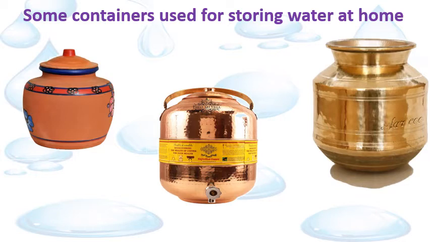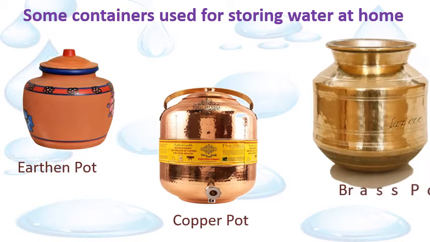Earlier, brass and copper pots as well as earthen pots were used to store water. See, this is the earthen pot, copper pot, and this is a brass pot. Yes, they have peculiar names. You can ask your grandparents if they are there in your house.